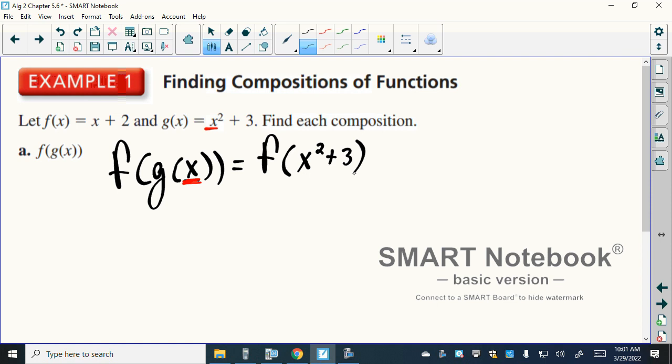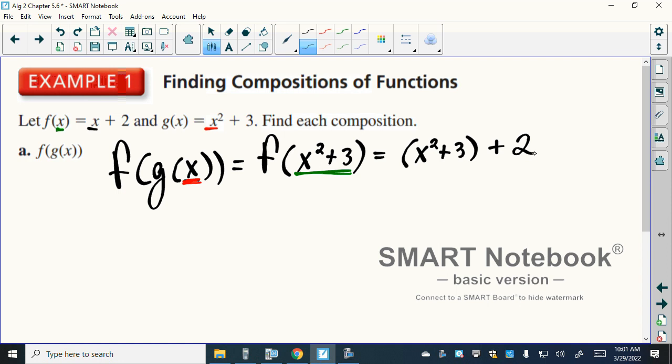Okay, now we're going to do it again, but this time we're going to replace everywhere there's an x in f of x with x squared plus 3. So our first x here is now x squared plus 3. Then we have plus 2.